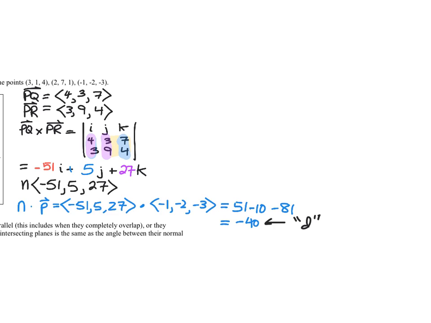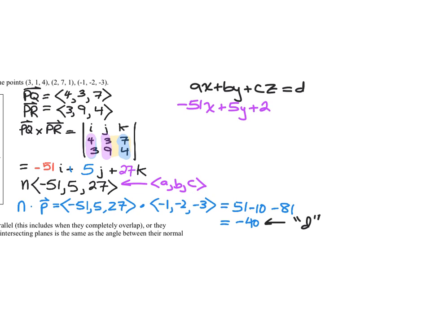And remember, the general form is AX plus BY plus CZ is equal to D. Your normal vector is ABC. So we have everything. It's going to be ugly, but it'll do. Negative 51x plus 5y plus 27z equals negative 40.